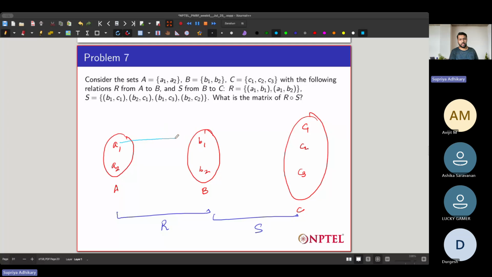These are related, so we basically get an edge from there.